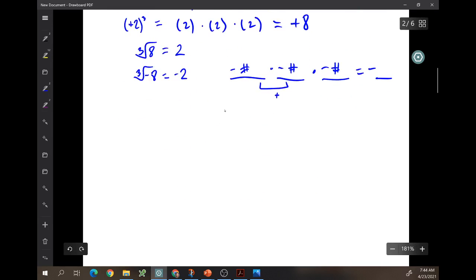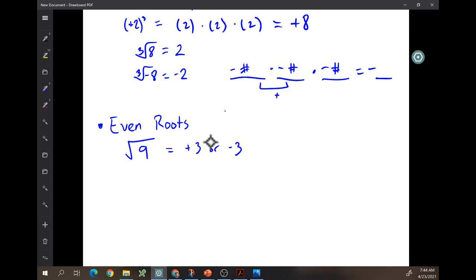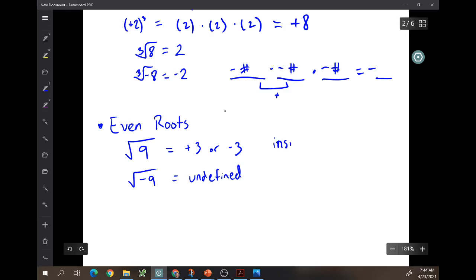So we can write this down: with even roots, like the square root of, say, 9, we get 2 answers. We get positive 3 or negative 3. And if I had the square root of negative 9, we get undefined, or does not exist. So what we can say is that with even roots, the inside must be positive.